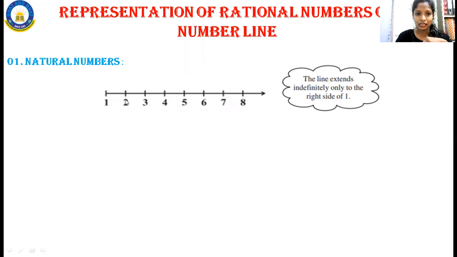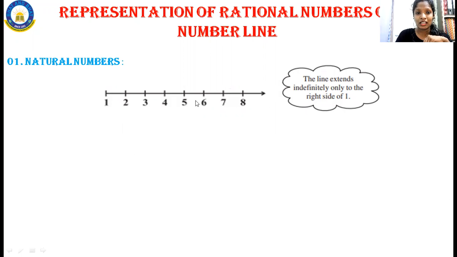On the right side of the number line, you can see there is an arrow mark stating that the numbers are going to continue till infinity. So here 1, 2, 3, 4, 5, 6, 7, 8, and the arrow moving with it is up to infinity. So here the number starts with 1 and ends with infinity.